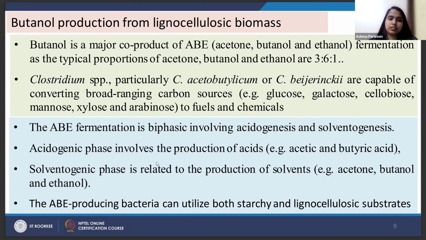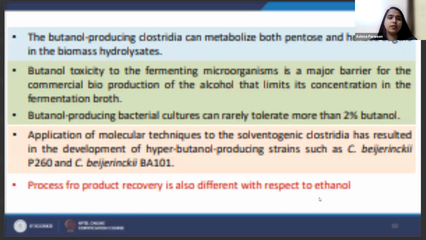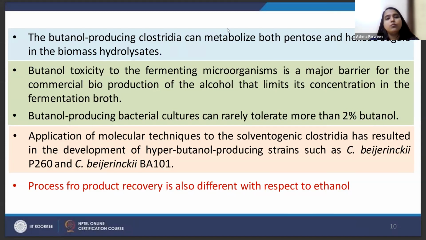One advantage of this process is that ABE-producing bacteria can utilize both starchy as well as lignocellulosic substrates. There is no pre-treatment required for removal of lignin here. One more benefit of this strain is that it can metabolize both pentose and hexose sugars present in the biomass.